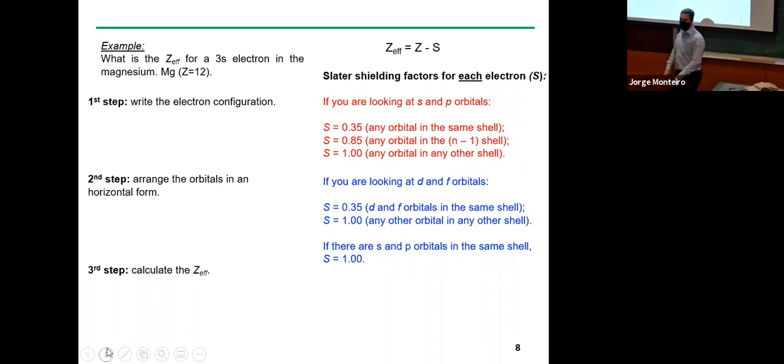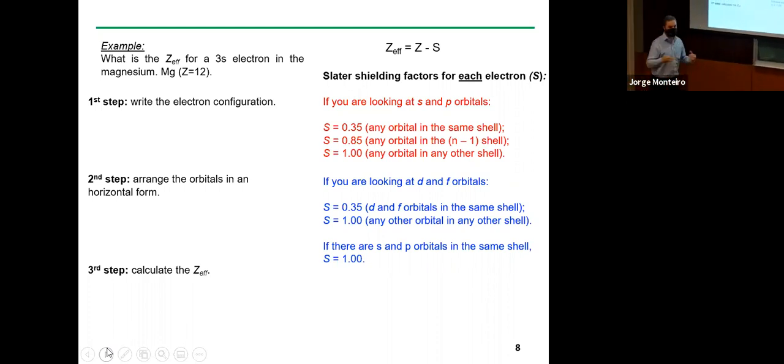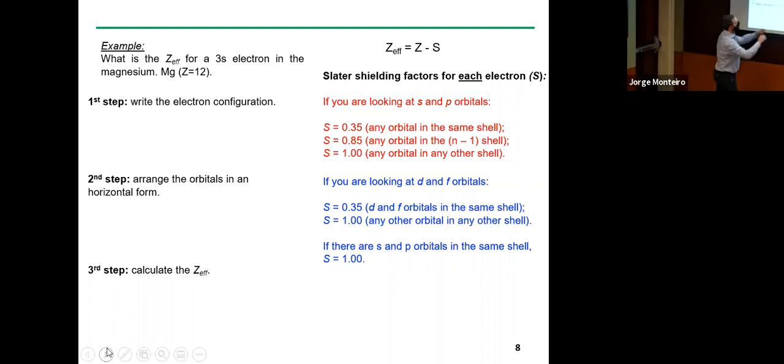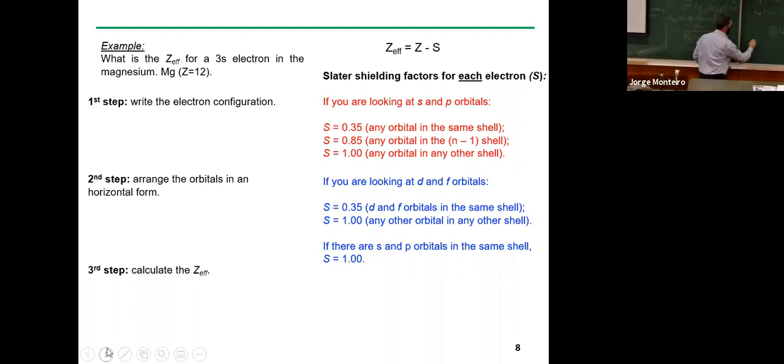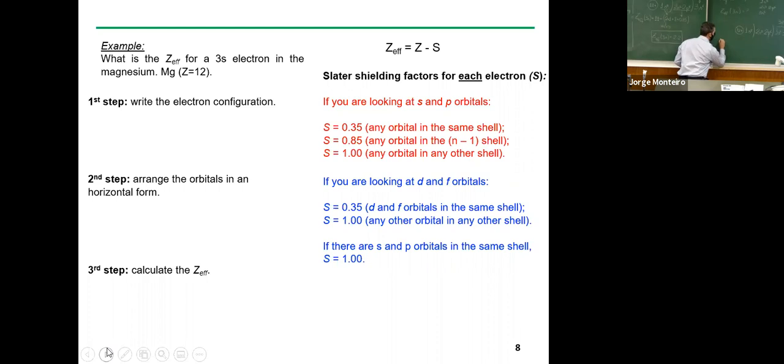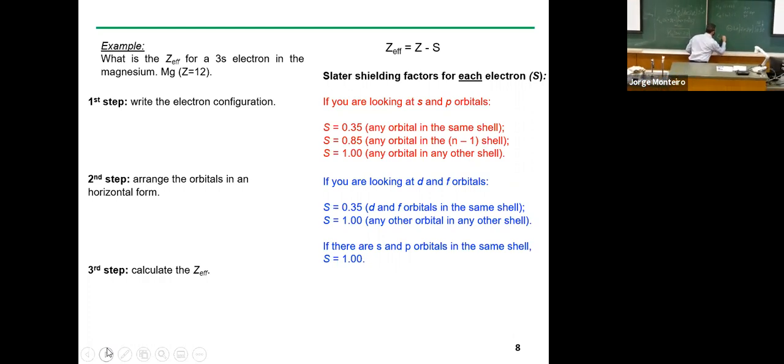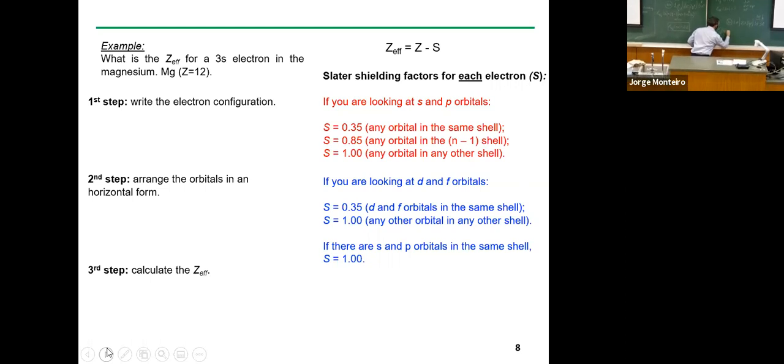Okay, so if you got all the way to this point, that's half of the problem. The next half is to correctly attribute the Slater shielding factors. Okay. So Z effective for the 3s orbital is going to be nuclear charge 12 minus.